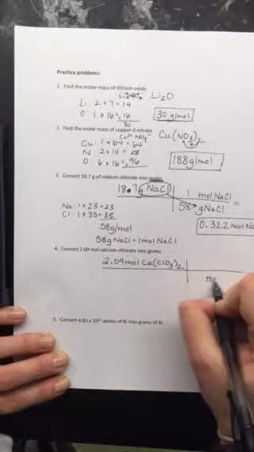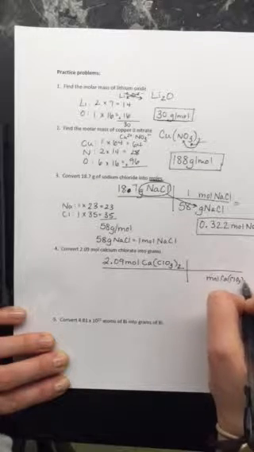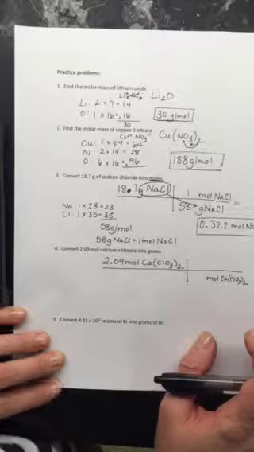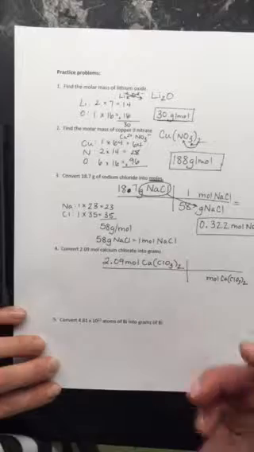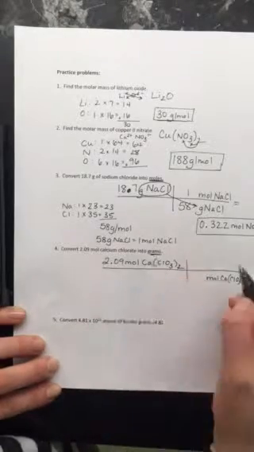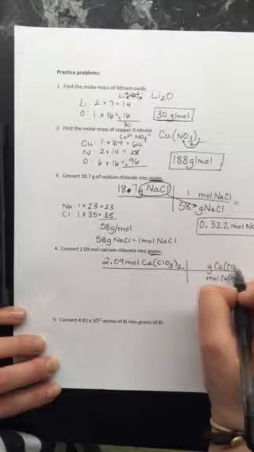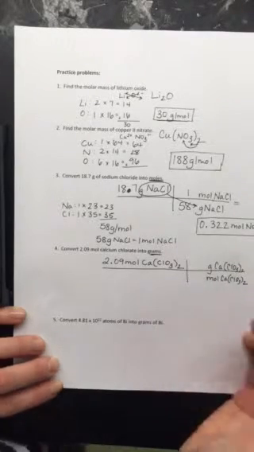So moles of calcium chlorate go down here. Alright, and now we've got to figure out the molar mass for calcium chlorate because the problem is asking us for grams of calcium chlorate. So we've got to figure out how many grams are in 1 mole.